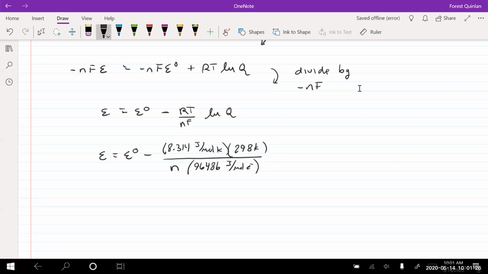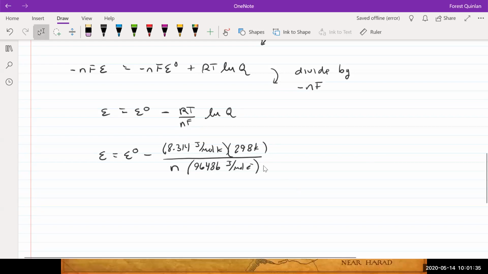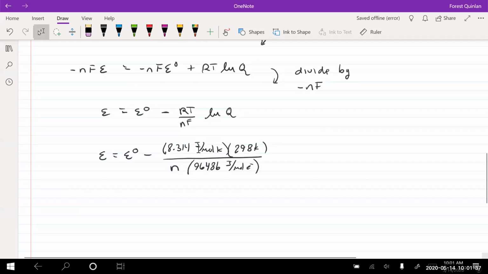We'll see that all those units right there will end up canceling. The joules go away, the moles go away, and the kelvins go away, and we're left with electrons and electrons.